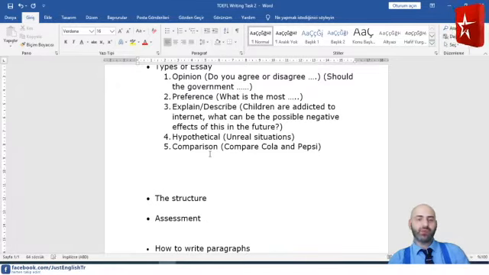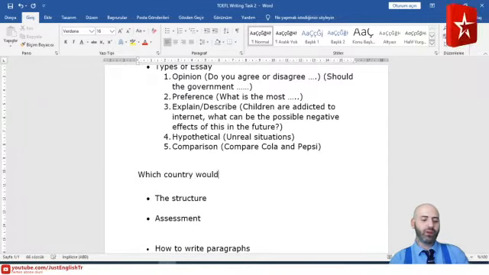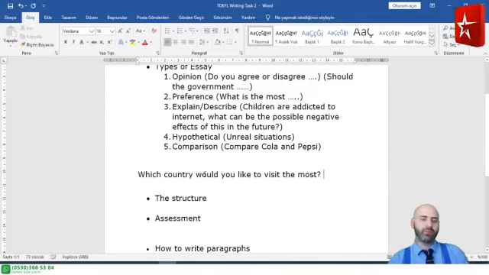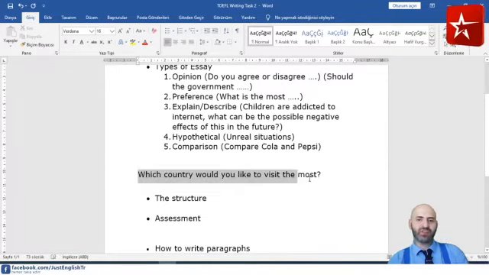First essay question can be something like this. Which country would you like to visit the most? Guys, if you see a question like this, which type of essay question is this?